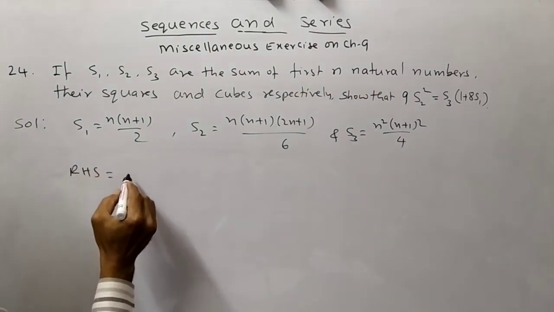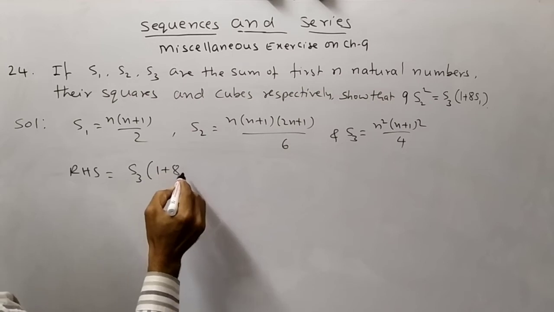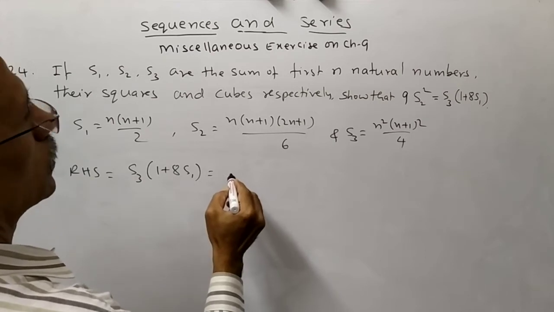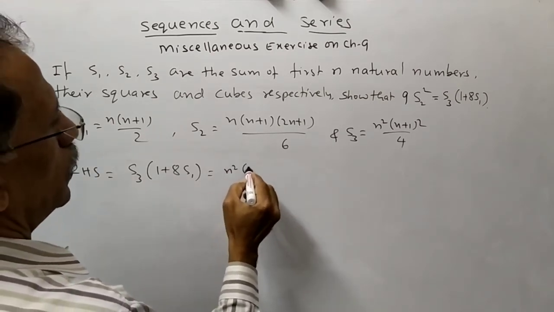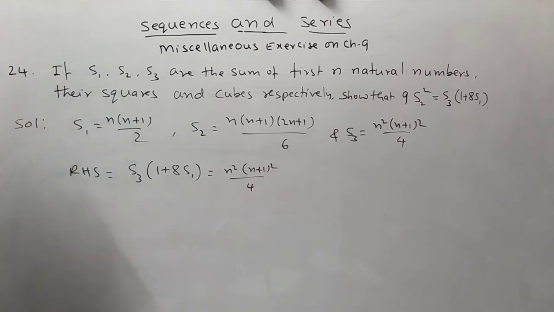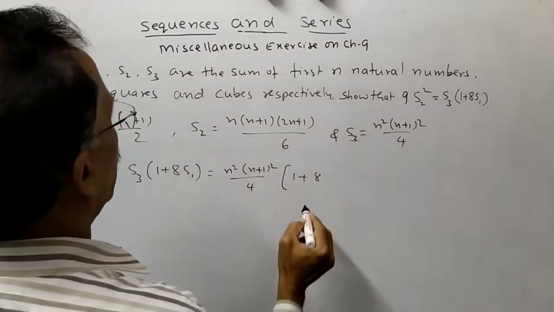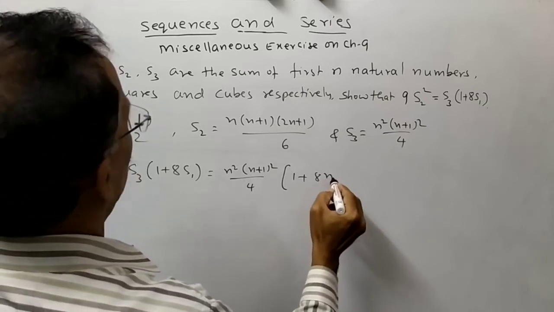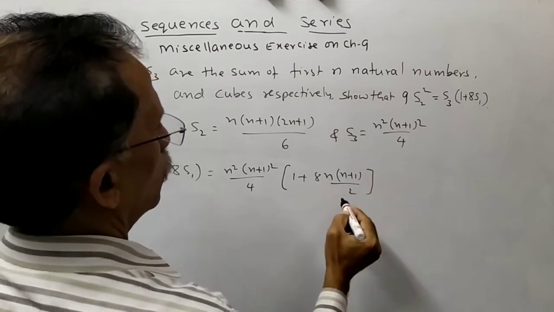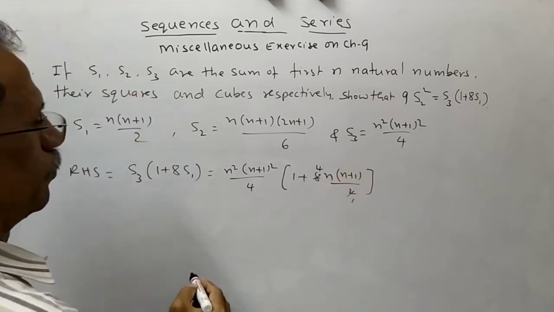RHS is equal to S3 into 1 plus 8 S1 is equal to, S3 is n square into n plus 1 whole square divided by 4 into 1 plus 8 into S1, n into n plus 1 divided by 2. 2 1s are 2, 2 4s are 8.